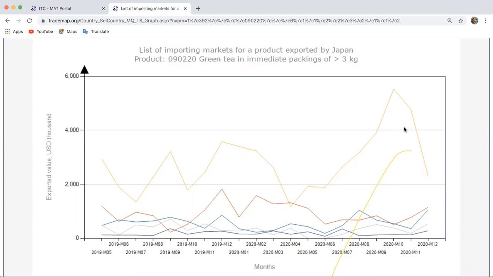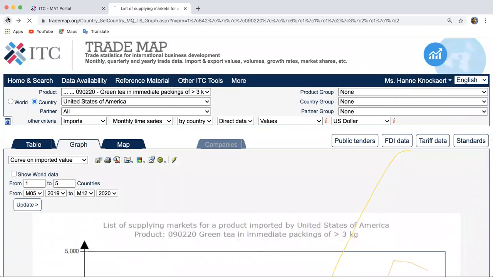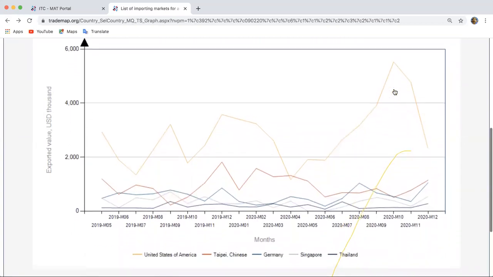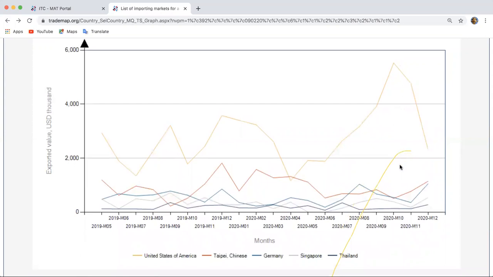Yeah, it's important to know when in a year you can actually export. So here you can see that in the month of October, there was a big peak of imports from the US. And in September and December in 2019.